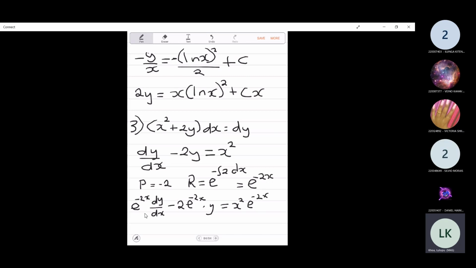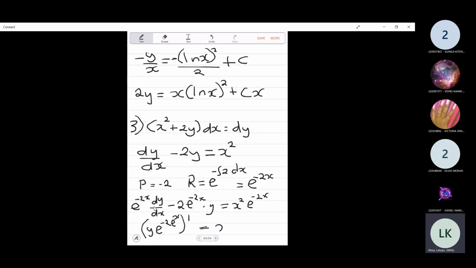Okay, so again we look on the left hand side. Here we have e to the power of minus 2x. The derivative of e to the power of minus 2x is negative 2e to the power of minus 2x. Then we have y there. The derivative of y is dy dx. So we can condense this as y times e to the power of minus 2x, prime.